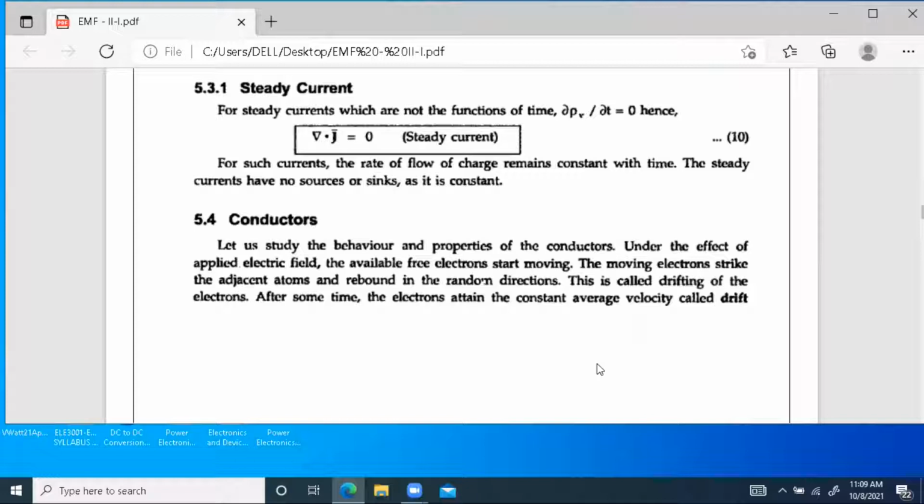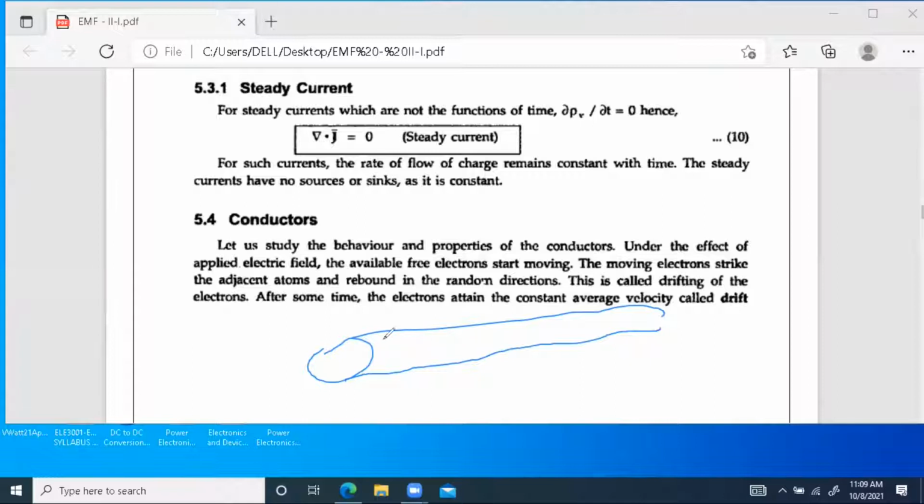Now, it is not like a sprint, right? It's like we have a number of electrons in the conductor, for argument's sake.